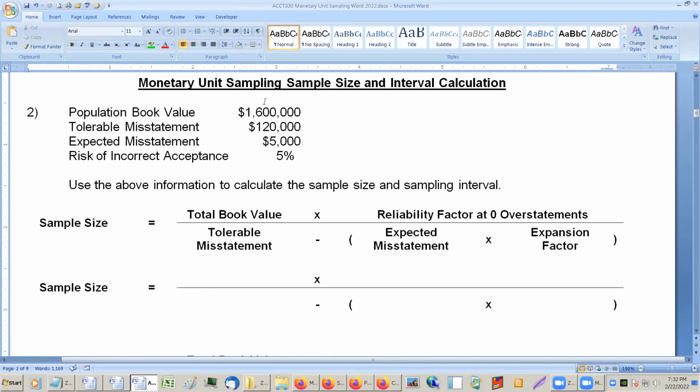Population book value is 1.6 million. So that's this number.